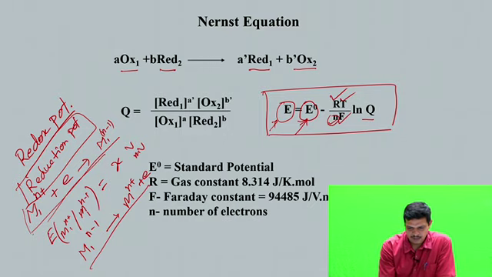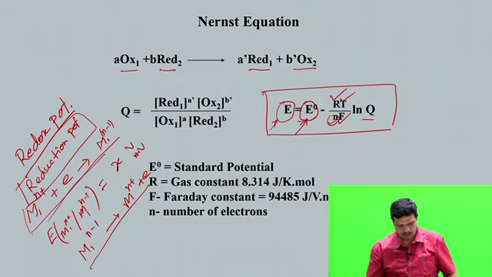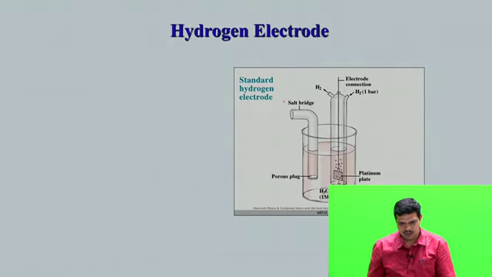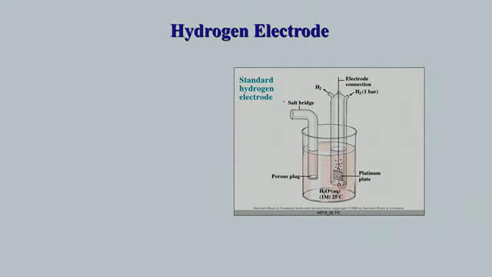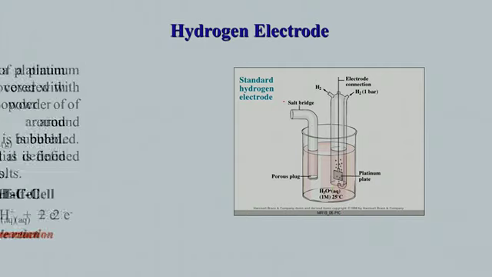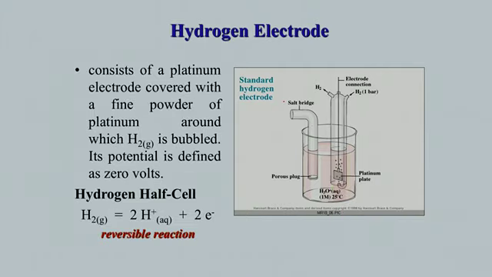Now, for an unknown redox couple, we need to calculate the E. Now, how will we calculate? Okay. So, for that, we have taken a particular half cell reaction as 0 volt, not necessarily that it is actually 0, it has been considered as 0 volt.